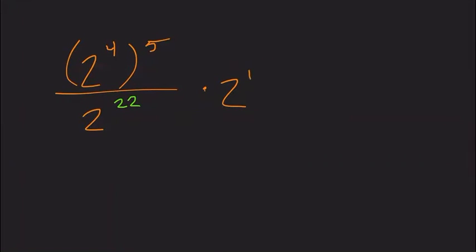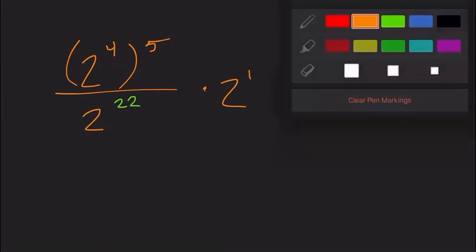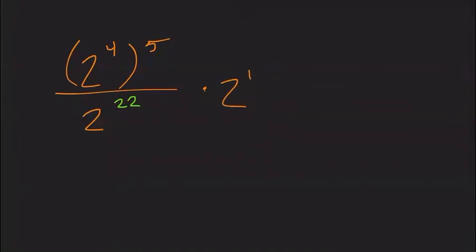So let's say that the instructions here are to simplify this completely so that there are no exponents left without using a calculator. So what are we even going to do?